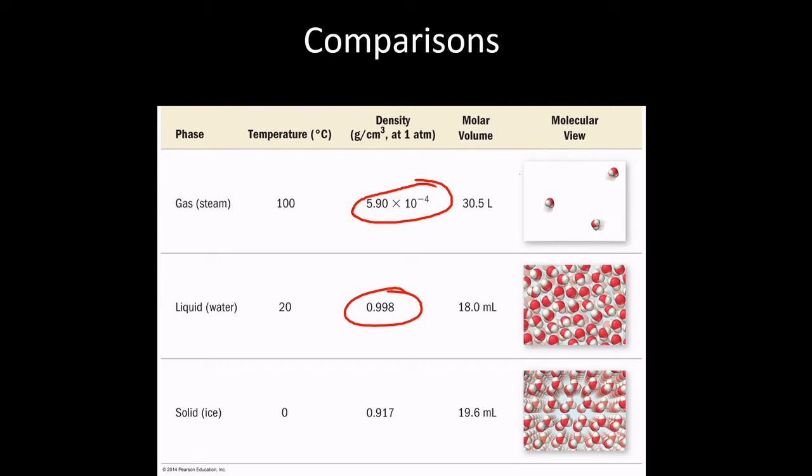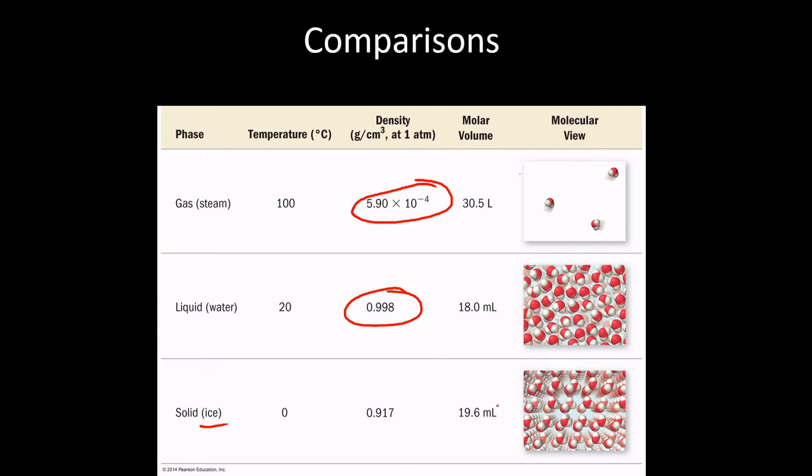If we look at solid water, which we would just call ice, the density of ice is actually significantly less than the density of water. Not like twice as, or like half the density or anything, but it's not like just a tiny fraction either. It's close to 10% less, the density of ice versus the density of liquid water.